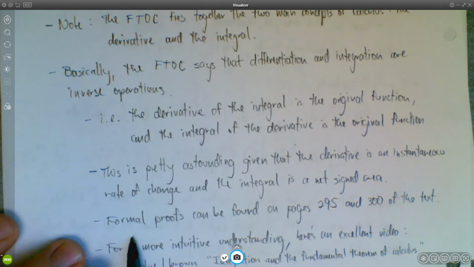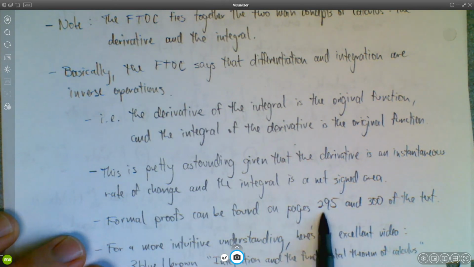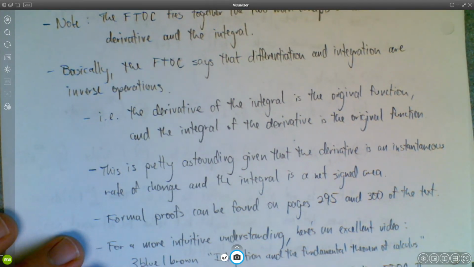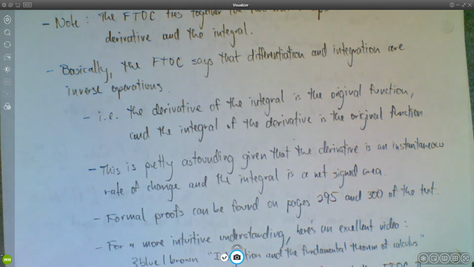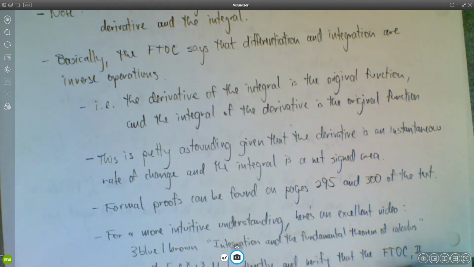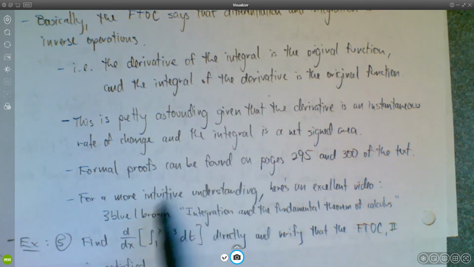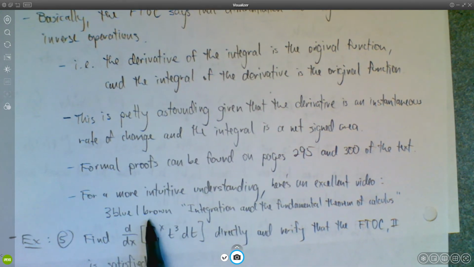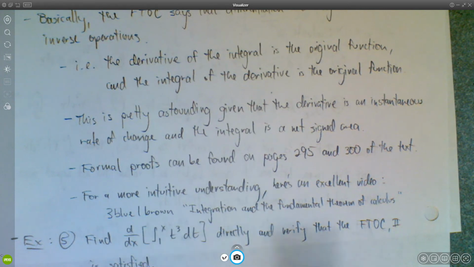Formal proofs of this fact can be found. The proof of Fundamental Theorem of Calculus Part 1 is on page 295, and the proof of Part 2 is on page 300 of the textbook. You're welcome to go through those if you want. But for a more intuitive understanding, I would suggest you watch this video. This is a YouTuber, 3Blue1Brown, and he does an excellent video about the fundamental theorem of calculus that I think gives a good intuitive understanding.